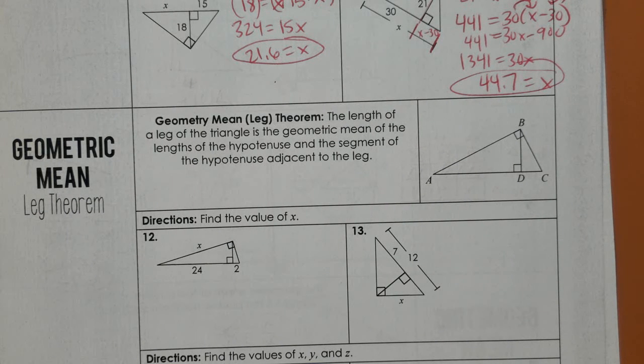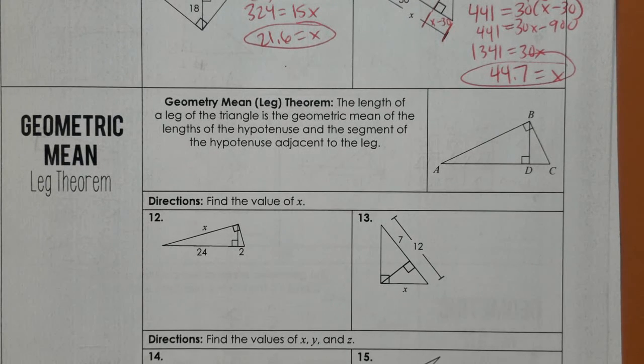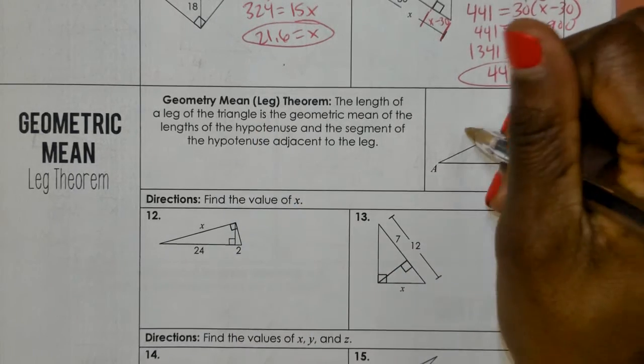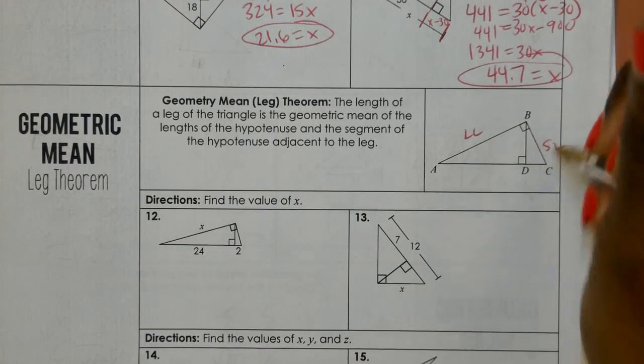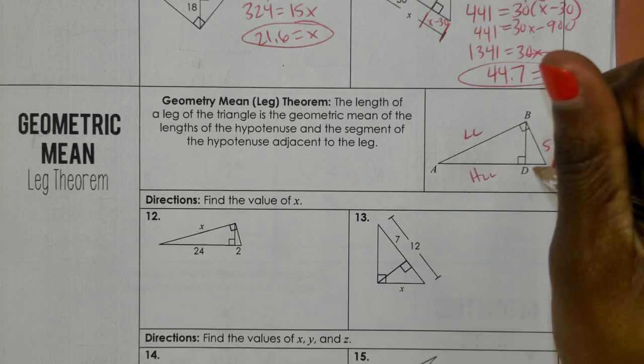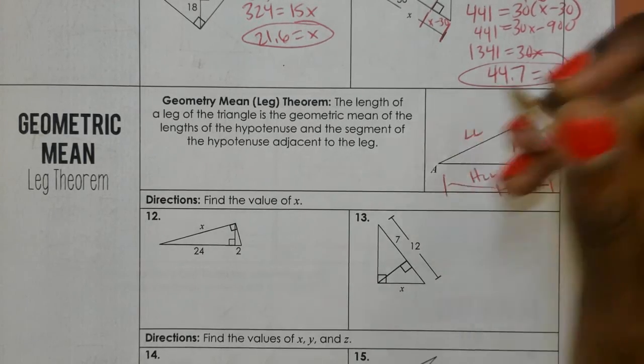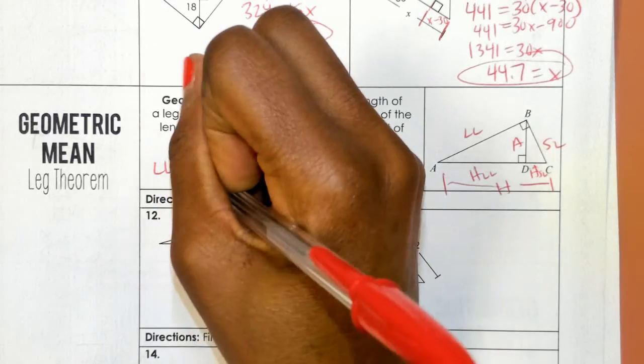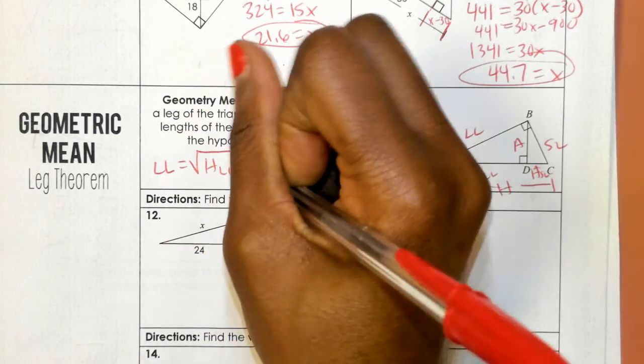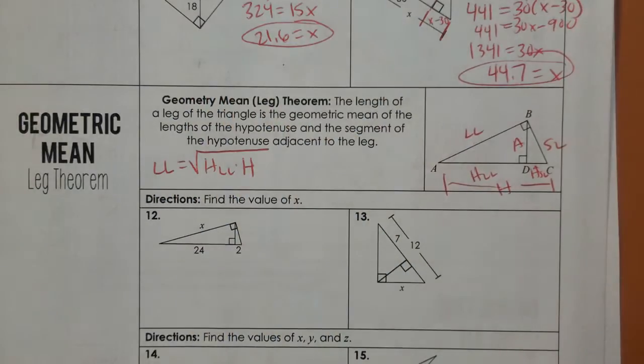Okay, then we have the geometric mean rule. Geometric mean leg rule. So this one is saying the long leg, short leg, HLL, HSL, altitude, and hypotenuse. The long leg is equal to the square root of the HLL times the whole hypotenuse.